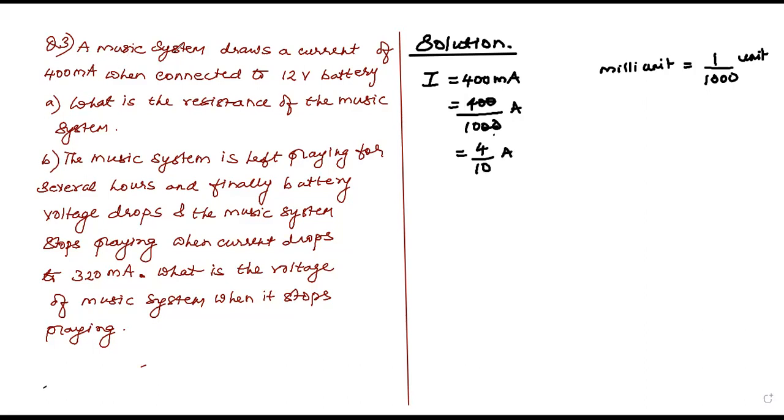Now look here. They are saying a music system draws a current of 400 milliampere, which is nothing but 0.4 ampere, when connected to a 12-volt battery. V is 12 volt.